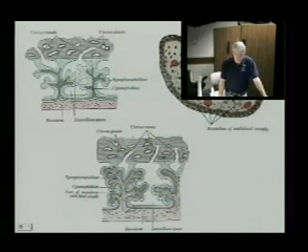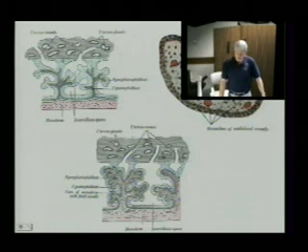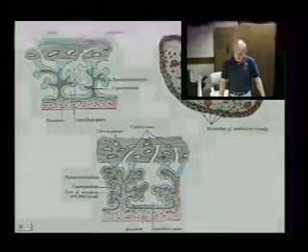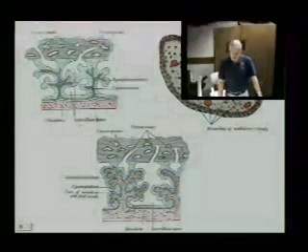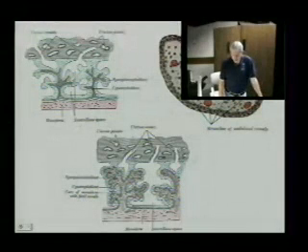So let's take a little bit of a closer look at this. On the upper left panel, we see the maternal side above with the gray shading. Uterine glands are still present. Here we see the uterine vessels, and they indeed open directly into this intervillous space and bathe the syncytiotrophoblast layer.